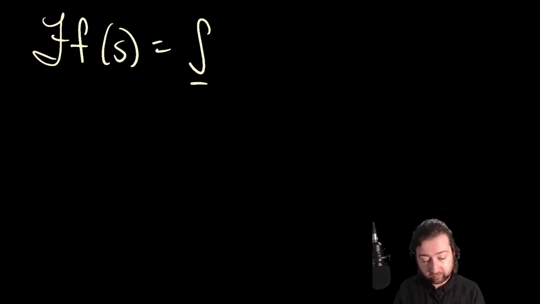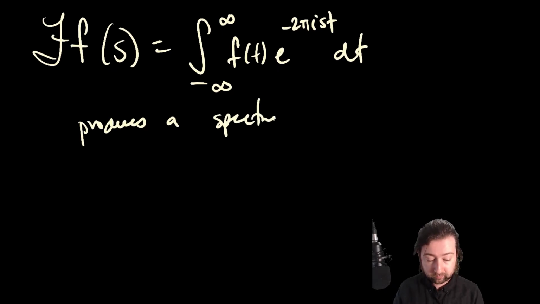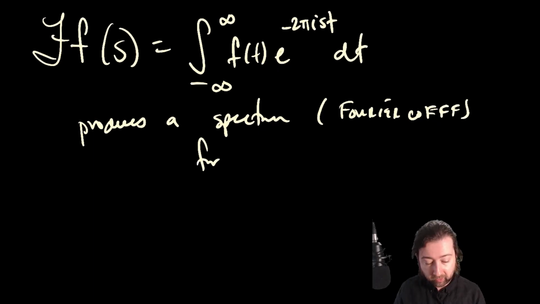The Fourier transform of f evaluated at s is equal to the integral from minus infinity to infinity of f(t) e to the minus 2 pi i s t dt. And what that does is it produces a spectrum, which you can think about as being the Fourier coefficients for a non-periodic function.